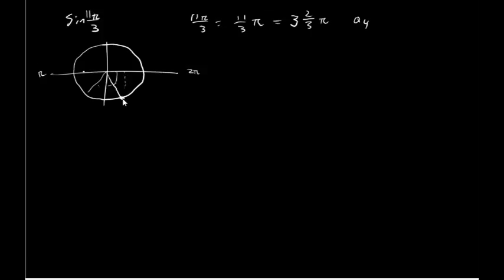Which means I can make this triangle here as 2 pi take pi on 3. And I want the sine of that. So that's 2 pi take theta.